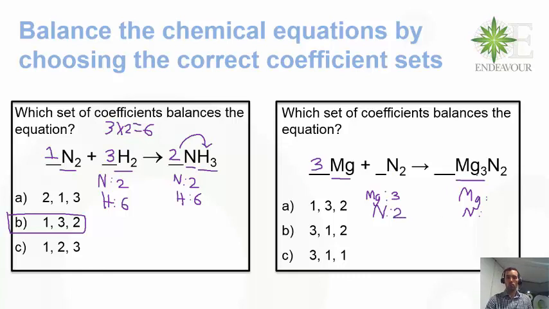On this side, we've got a molecule that contains 3 magnesiums, as shown by the 3 after the Mg, and 2 nitrogens, with the 2 after the nitrogen. So we actually only needed to change one of the coefficients in this case, and the coefficient of nitrogen and the Mg3N2 stay the same, which corresponds to option C here.